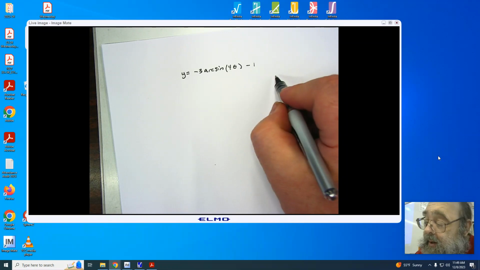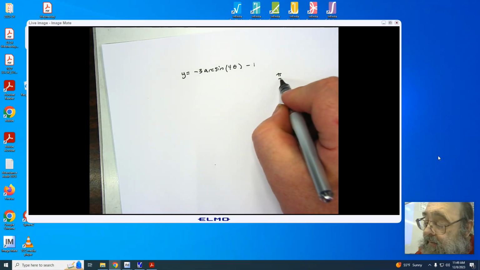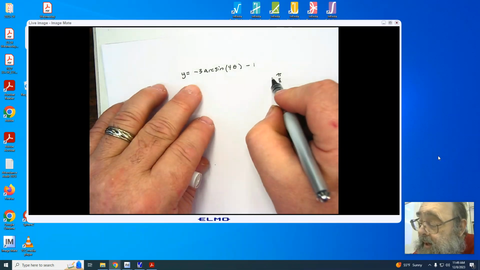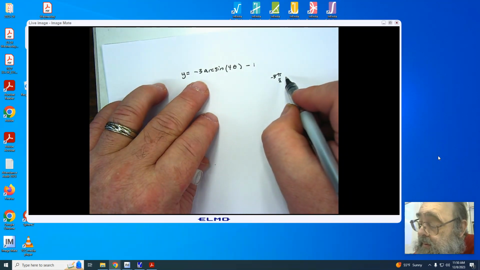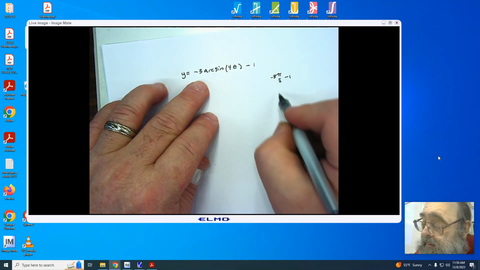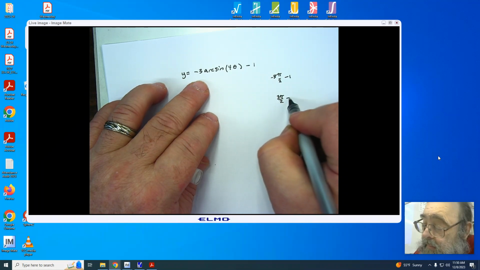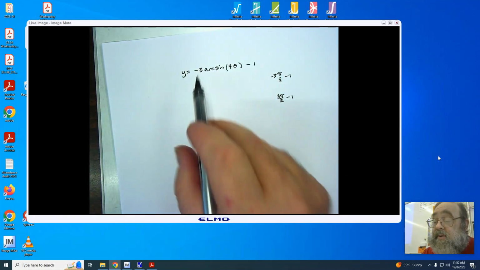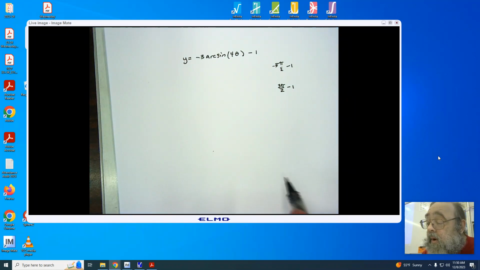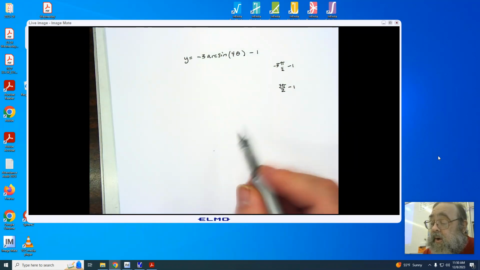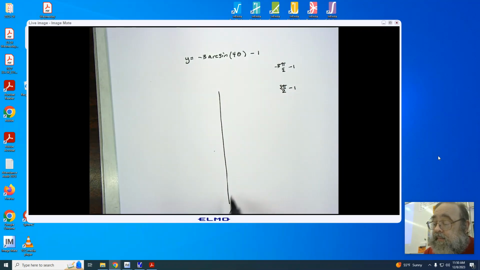Once again, we're talking about between pi over 2 and negative pi over 2. So I'm looking at -3 pi over 2 minus 1 and positive 3 pi over 2 minus 1. Notice there is a reflection that we have to watch out for. We are looking at our center line at -1.